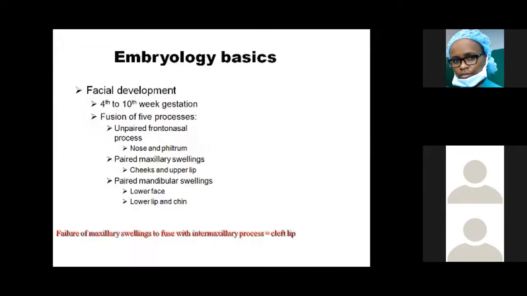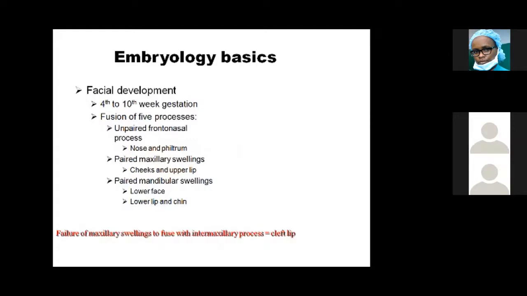Facial development starts from the 4th to 10th week of gestation with the fusion of the unpaired frontonasal process, which forms the nose, and the paired maxillary swellings, which form the cheeks and upper lip, and the paired mandibular swellings, which form the lower face, lower lip, and the chin.